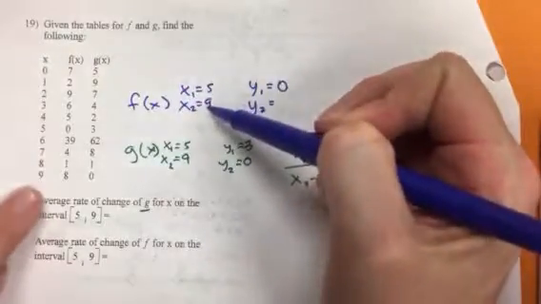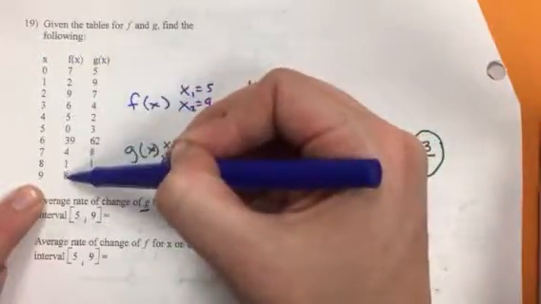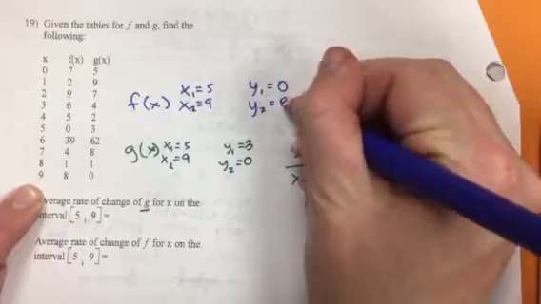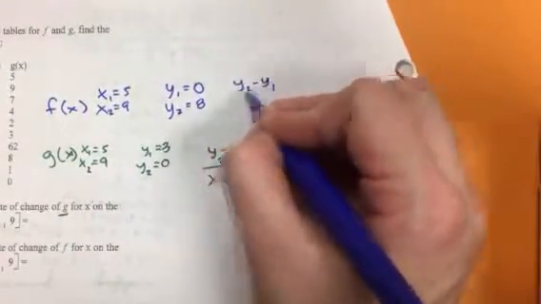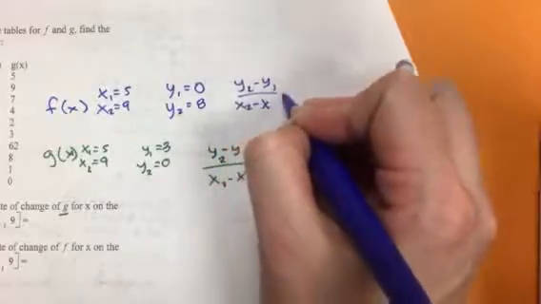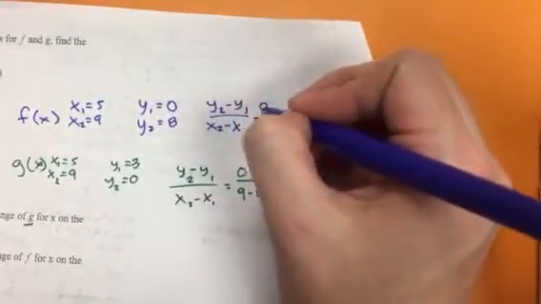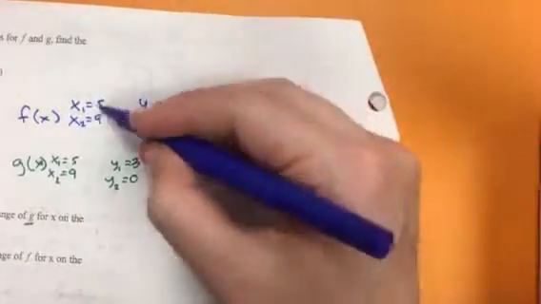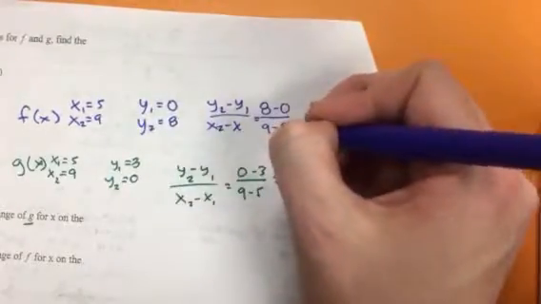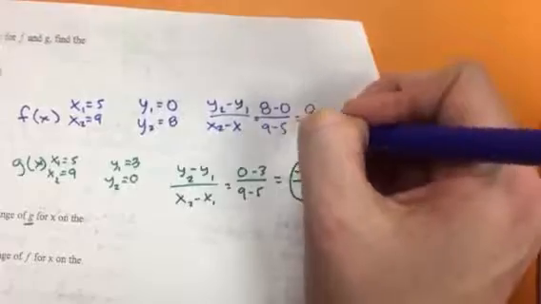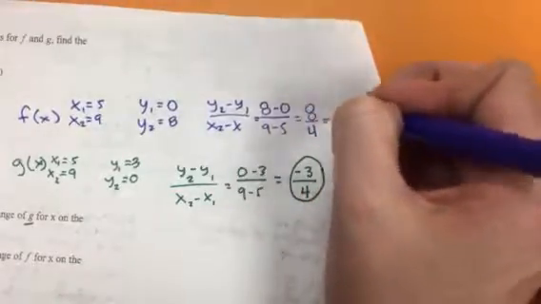When x is a 9, f of x is 8, 9, 8. y2 minus y1 over x2 minus x1 equals 8 minus 0 over 9 minus 5. 8 divided by 4 equals 2.